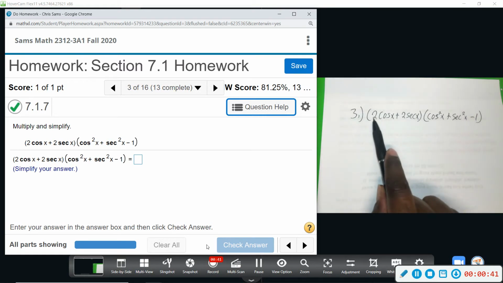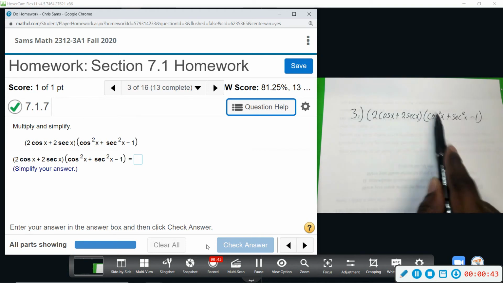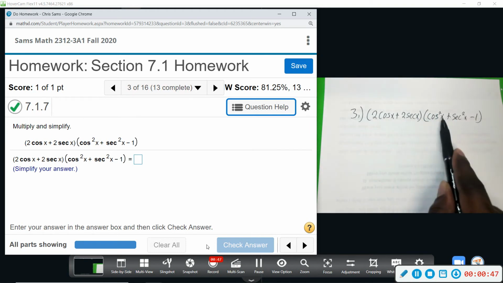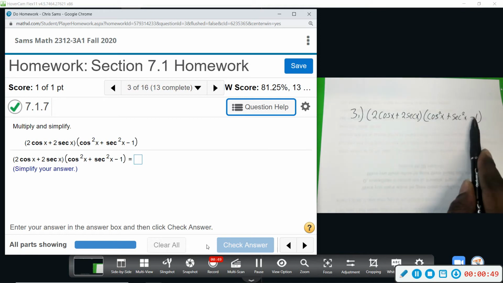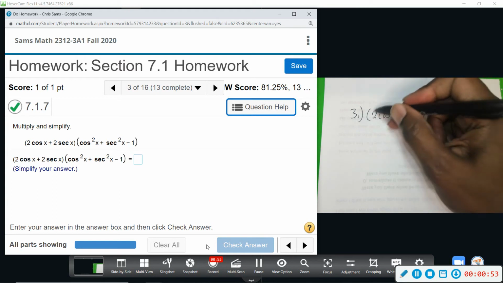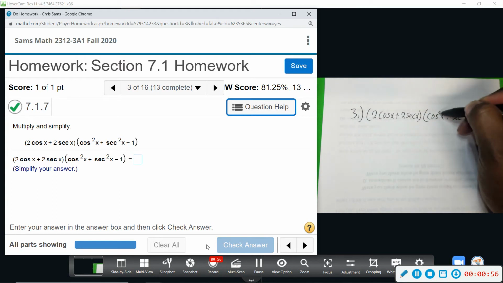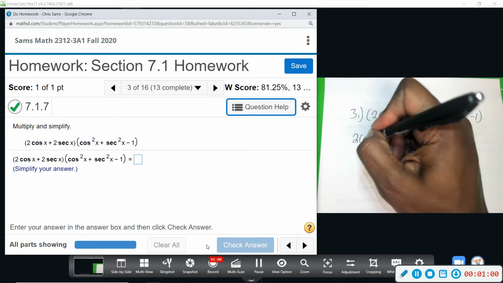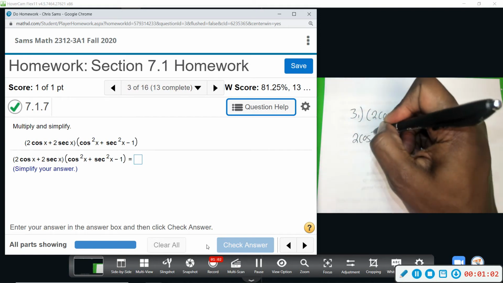So I'm going to do the 2 cosine x, I'm going to multiply it times each term. And then I'm going to do the same thing for 2 secant x, multiply it times each term. And I'm going to get a new expression with 6 terms. So 2 cosine times cosine squared will give us 2 cosine cubed x.